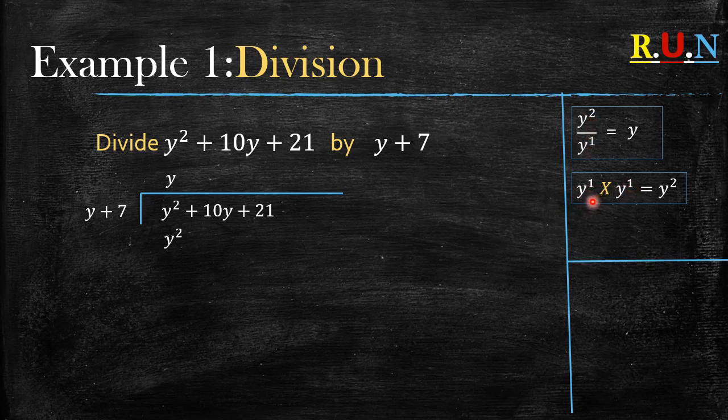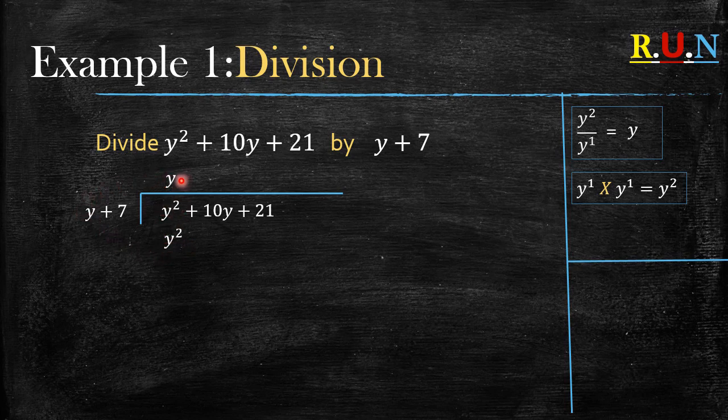In this case, this y and this y don't have any exponent, so their exponent is 1. So what is 1 plus 1? It equals 2. That's why our exponent there is 2.